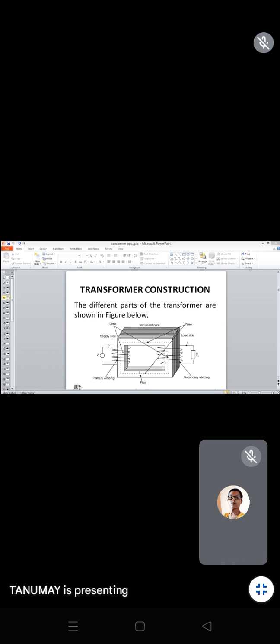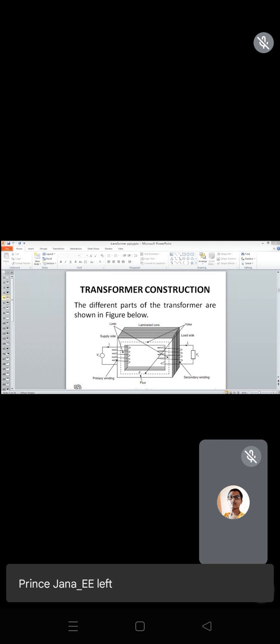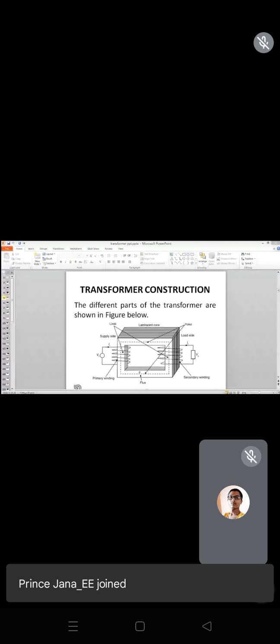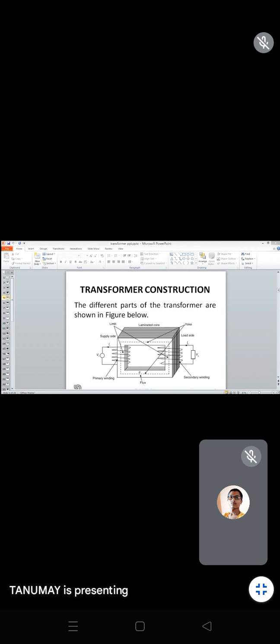This block represents the load of this transformer, and V1 is the supply voltage. Whenever the load is connected over the secondary side and supply is connected over the primary side, current I1 flows through the primary winding.